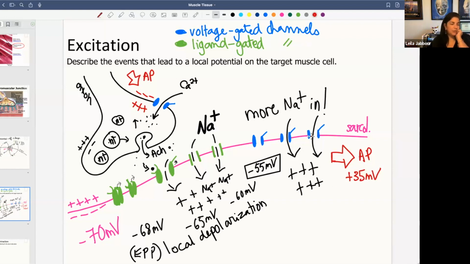But I just don't have room to draw that, the repolarization of the membrane. But we discussed that when we talked about synaptic transmission between two neurons. Okay, that's the excitation phase, phase number 1. That's phase number 1, the excitation phase.